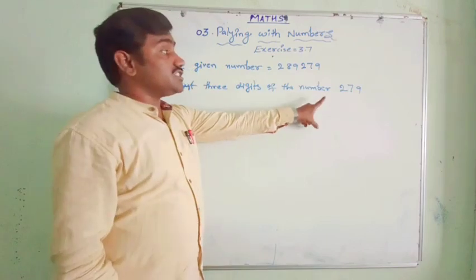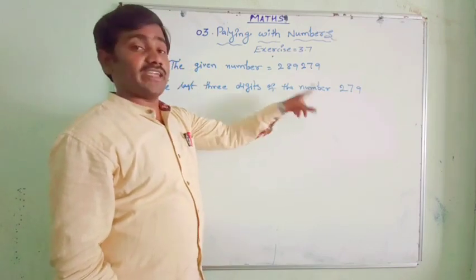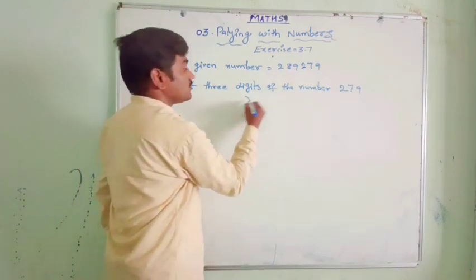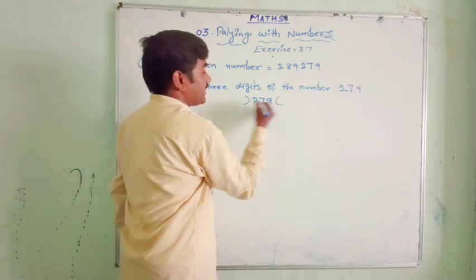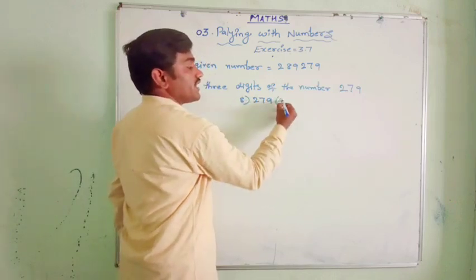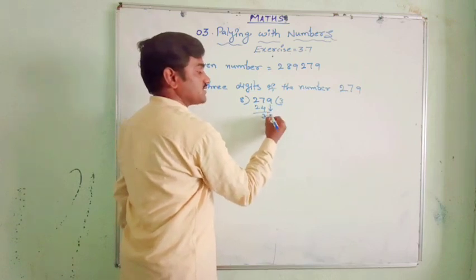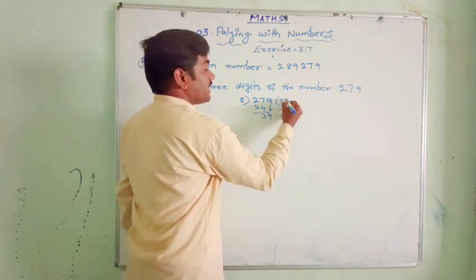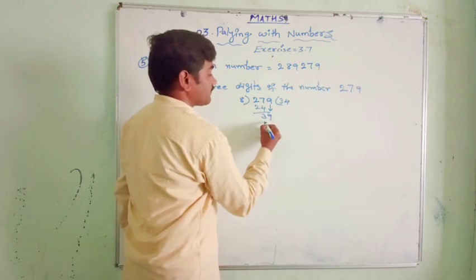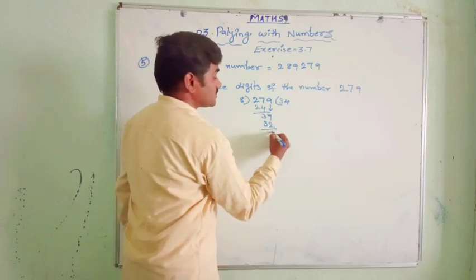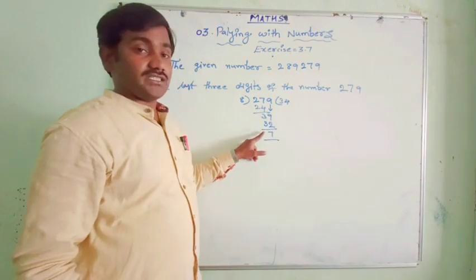Let's check whether 279 is divisible by 8 or not. 8 3s are 24, 3 left and this is 39. 8 4s are 32, 7. So you got the remainder as 7.